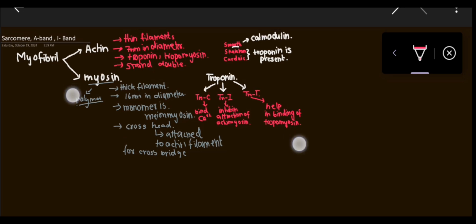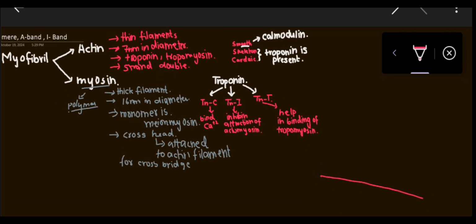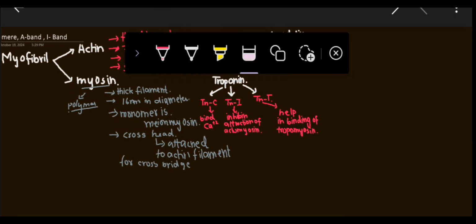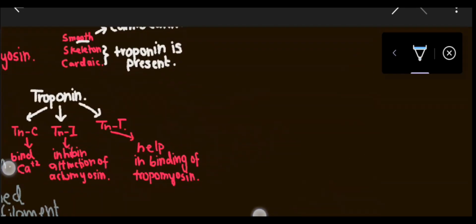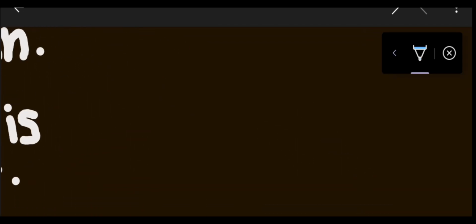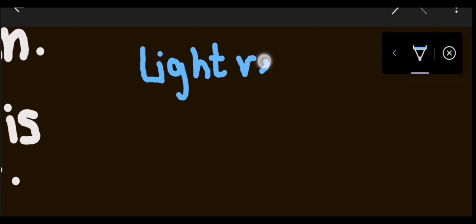The light and dark regions look like strips or bands. The light region contains actin filament.